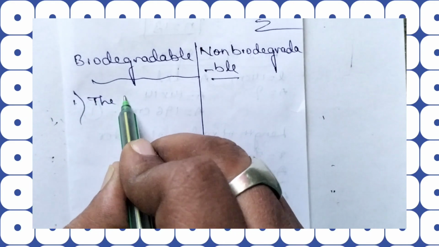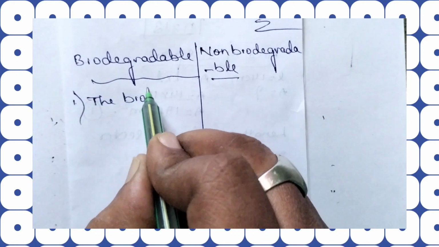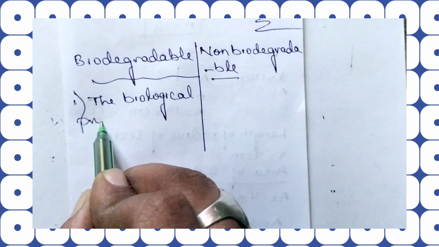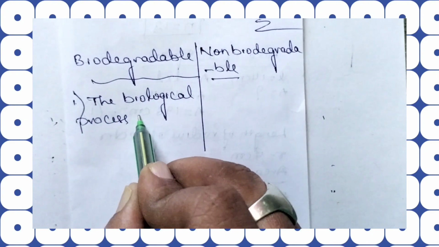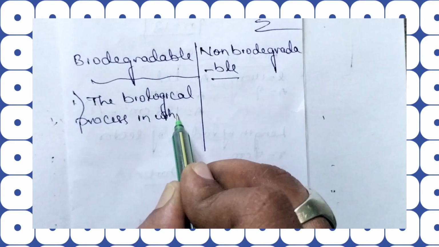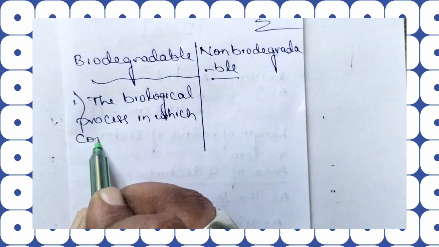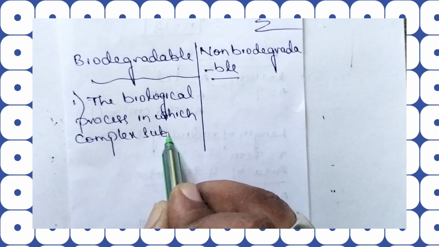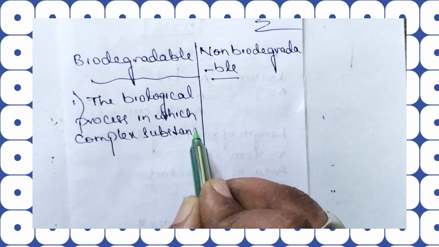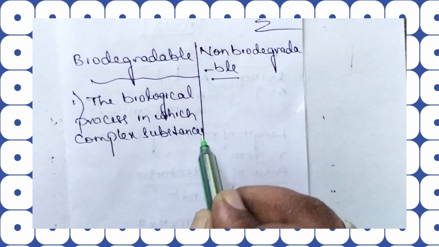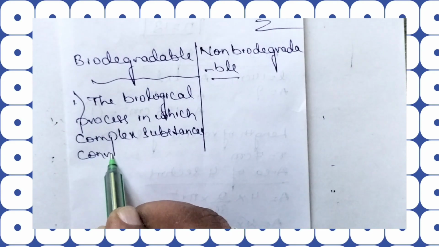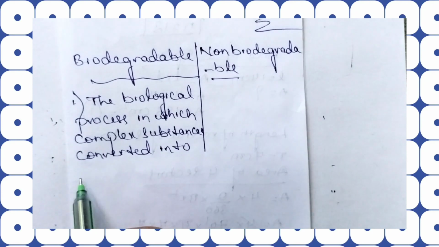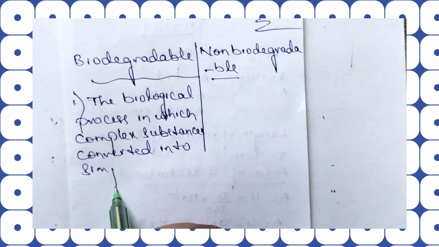The biological process in which complex substances converted into simple substances.